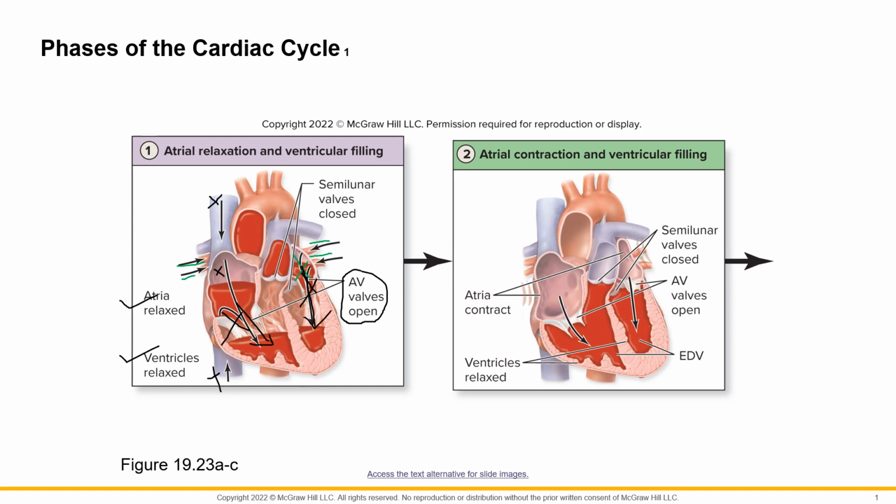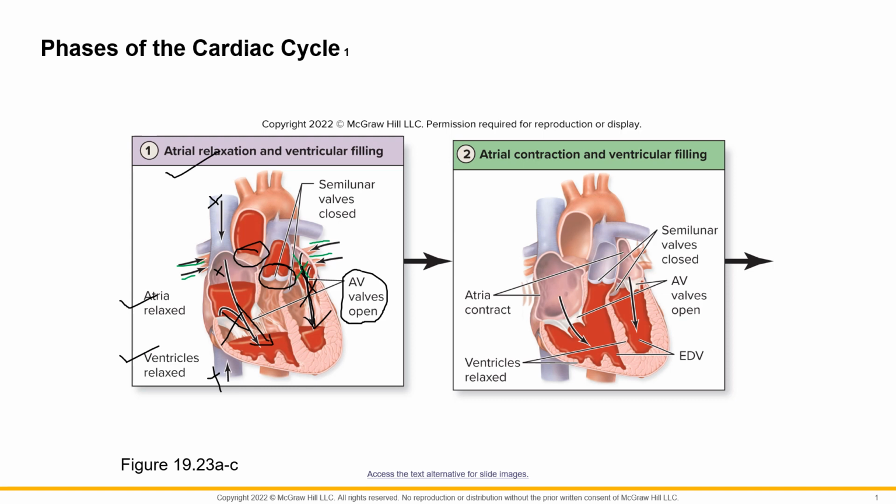So the ventricles are already starting to fill up as blood is passively flowing from each of the atria to the corresponding ventricle. At this time, it is important to note that both your semilunar valves, your pulmonary and your aortic semilunar valves, are closed. So this is atrial relaxation or atrial diastole.